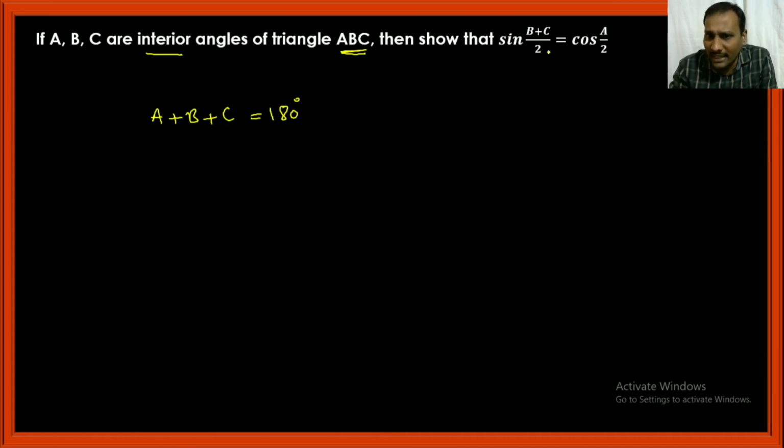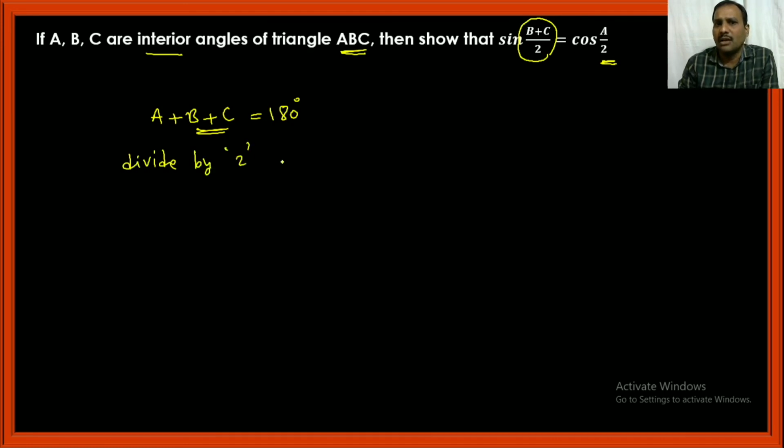Now what do we want here? We want B plus C by 2. So here we have B plus C and also we want A by 2 in the answer. So let us divide everything by 2 on both sides. So what will we have if we divide by 2 on both sides? I am writing it as A by 2 plus B plus C by 2.